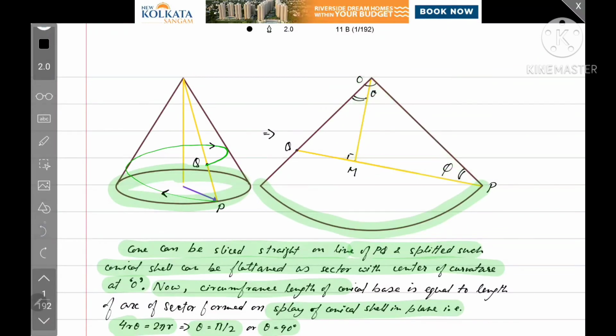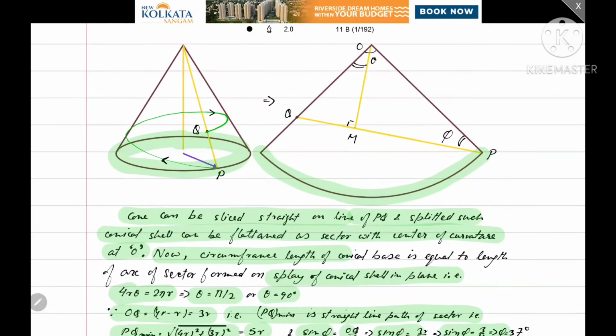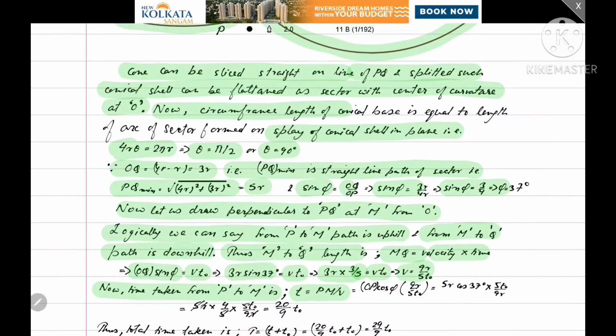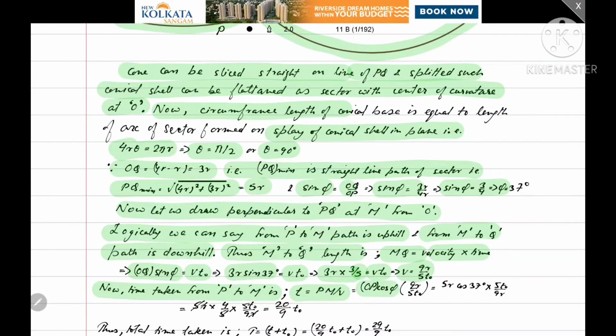Then distance PM is equal to how much? PM is OP cos phi. PM is OP cos phi divided by V, that is 5t naught by 9r.